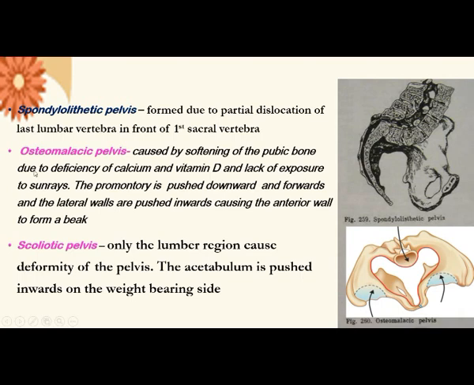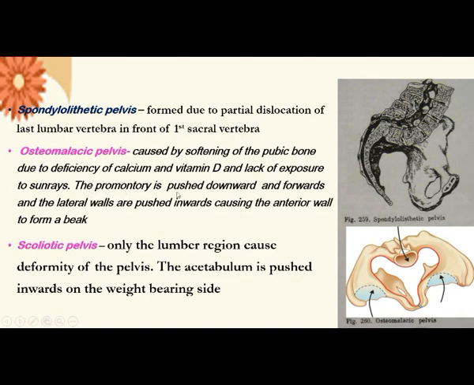Okay. Then next is osteomalacic pelvis. It is caused by softening of the pelvic bones. You can see from this picture, it usually occurs by the softening of the bones due to deficiency of calcium and vitamin D3 and lack of exposure to sun rays.